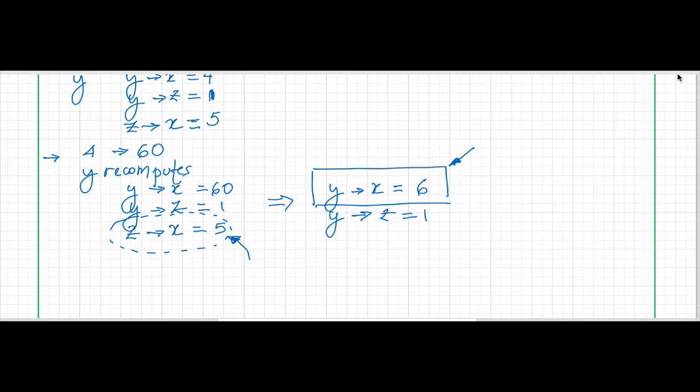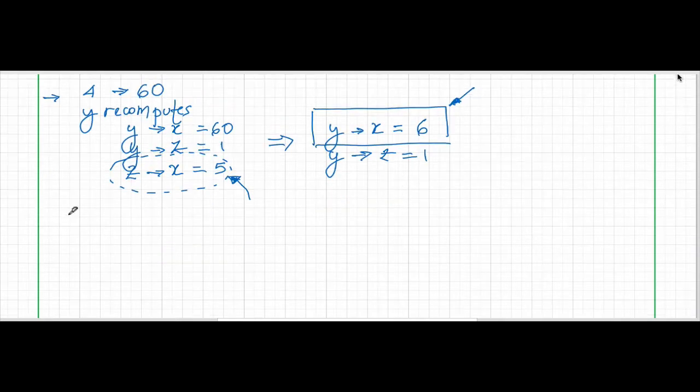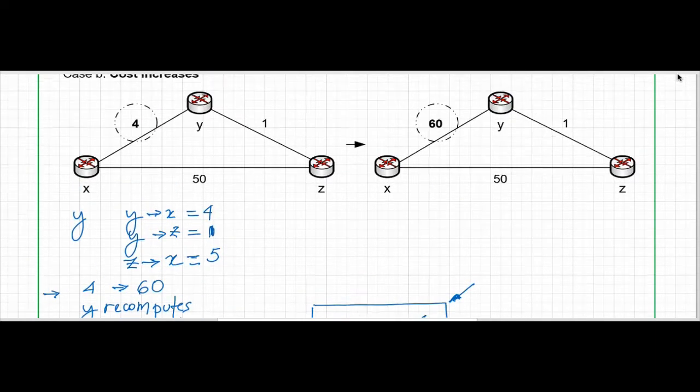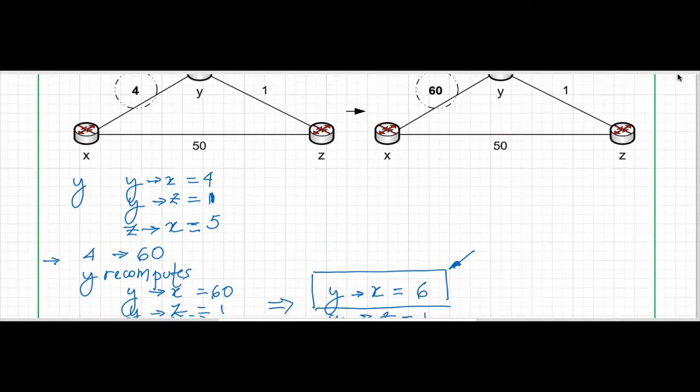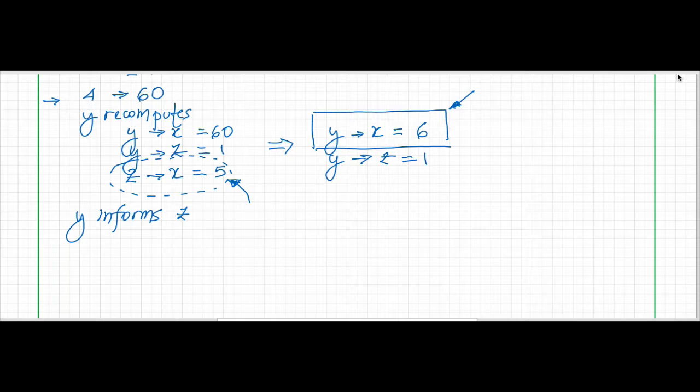So what's going to happen next is that Y informs Z of the new change. Y tells Z, going from Y to X now costs 6.